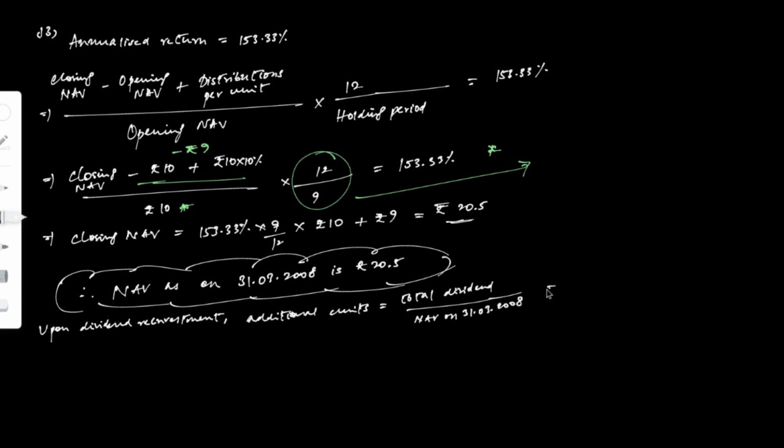That is rupees 10 into 10%, that is rupees 1, into number of units, that is 10,000, divided by the NAV, rupees 20.5, that is 487.8.